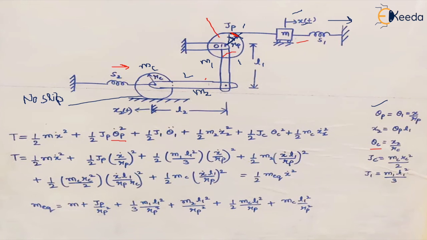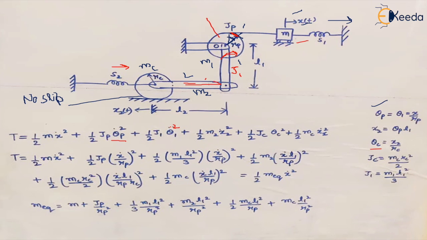So it will be half J1, if let's say the mass moment of inertia for this rigid link is J1, and its displacement is theta 1 dot square.